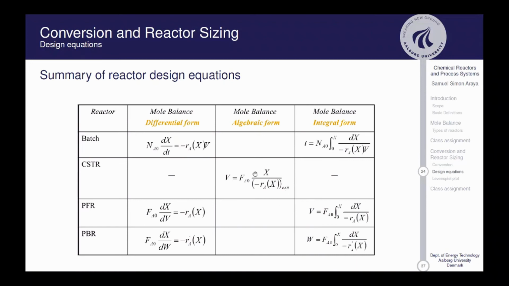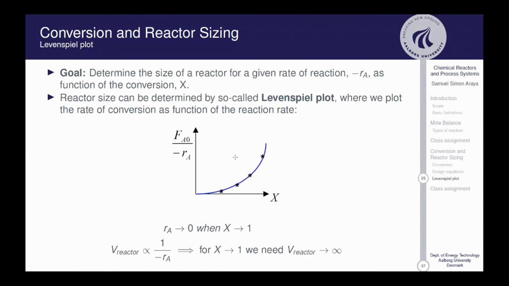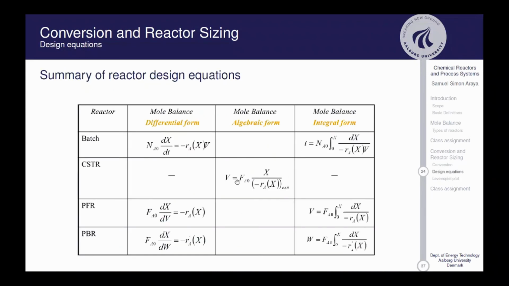And that way we can just make a plot where we have the FA0 over minus rA on the y-axis, and then our conversion X on the horizontal axis.